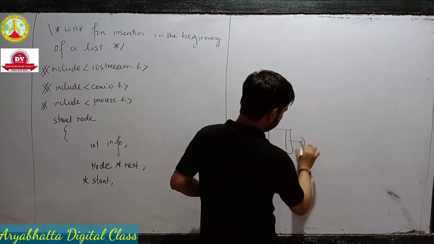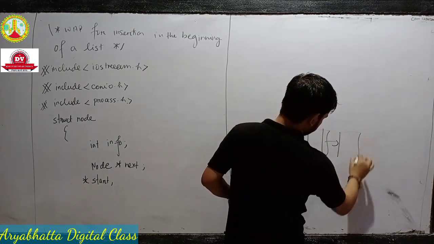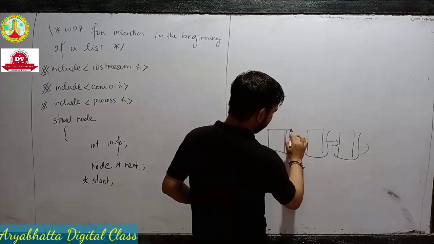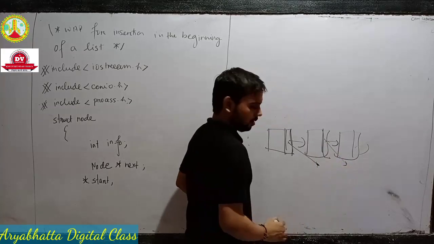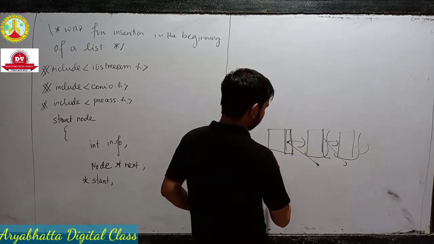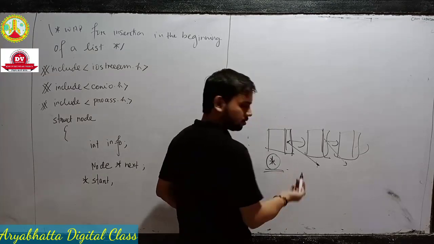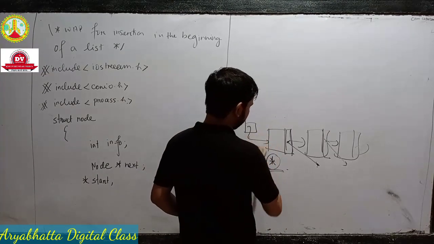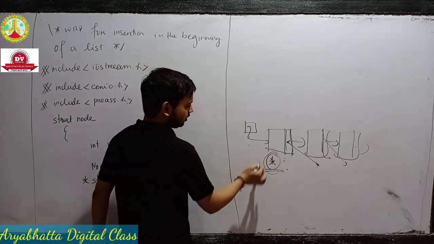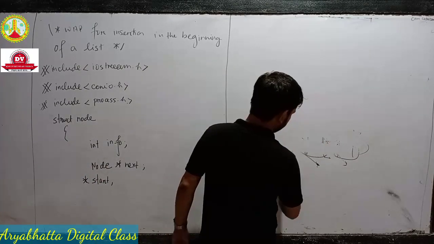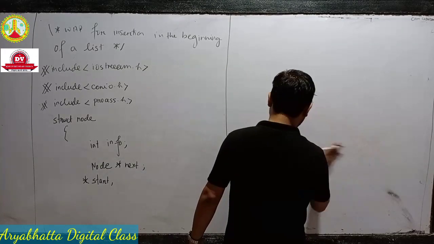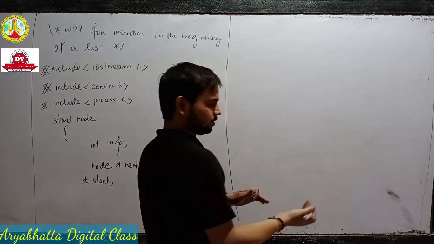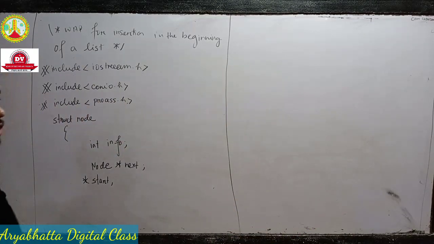Suppose this is a node, this is a node, this is a node; each contains the memory address of the next. Start is also a pointer because it stores the memory address of the first node. That's why in linked list programming, pointer concept is very important.